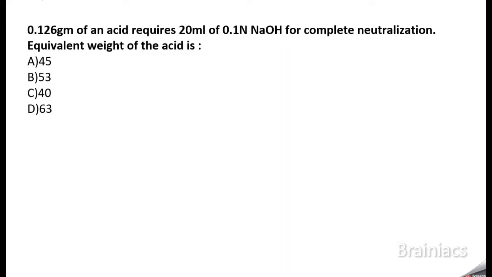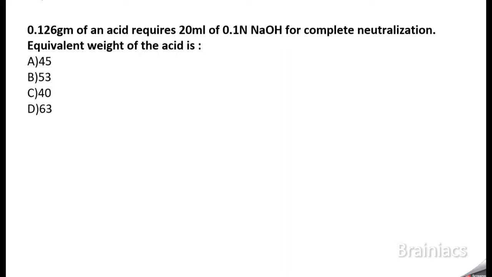Okay. So in this question, we know an acid is reacting with a base, but we don't know which is the acid, but the base we know is sodium hydroxide. So we can't write an equation specific for this because we don't know the acid. Whenever you don't know how to write the equation specific to that, we always apply the law of chemical equivalence.